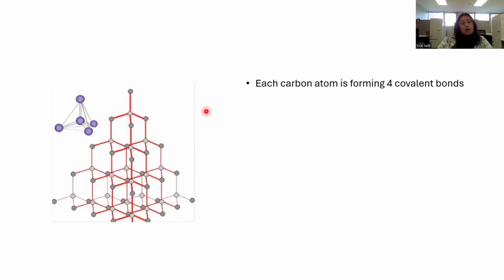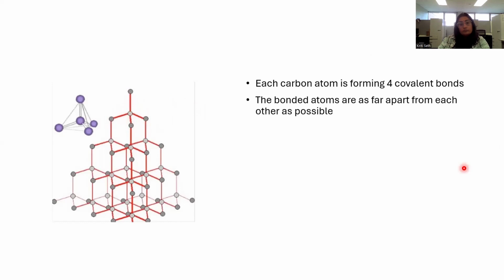So each carbon atom is forming four covalent bonds, right? And the bonded atoms are as far apart from each other as possible. They are pointing towards corners of a tetrahedron, okay? We'll talk about why it's a tetrahedron later.